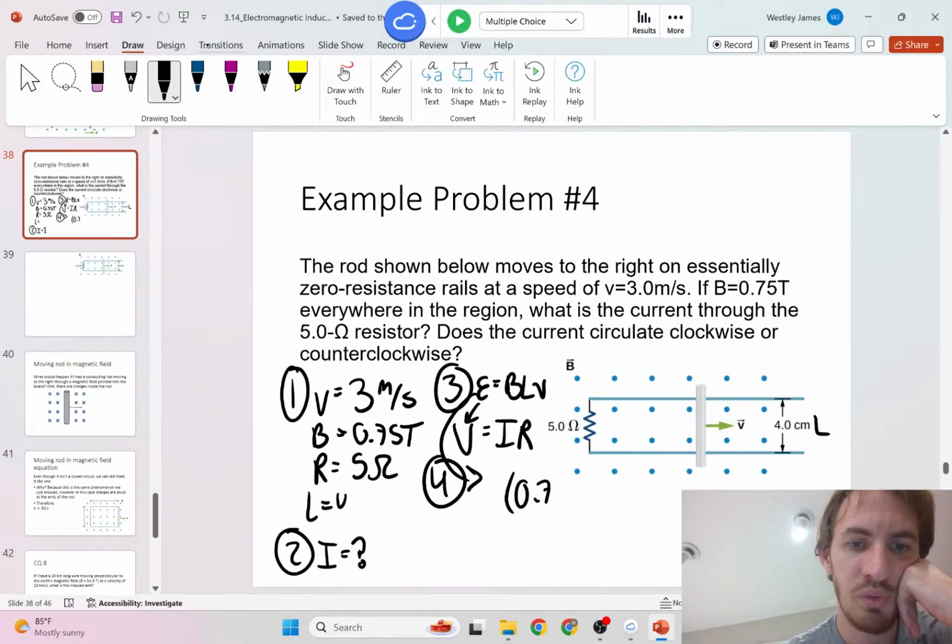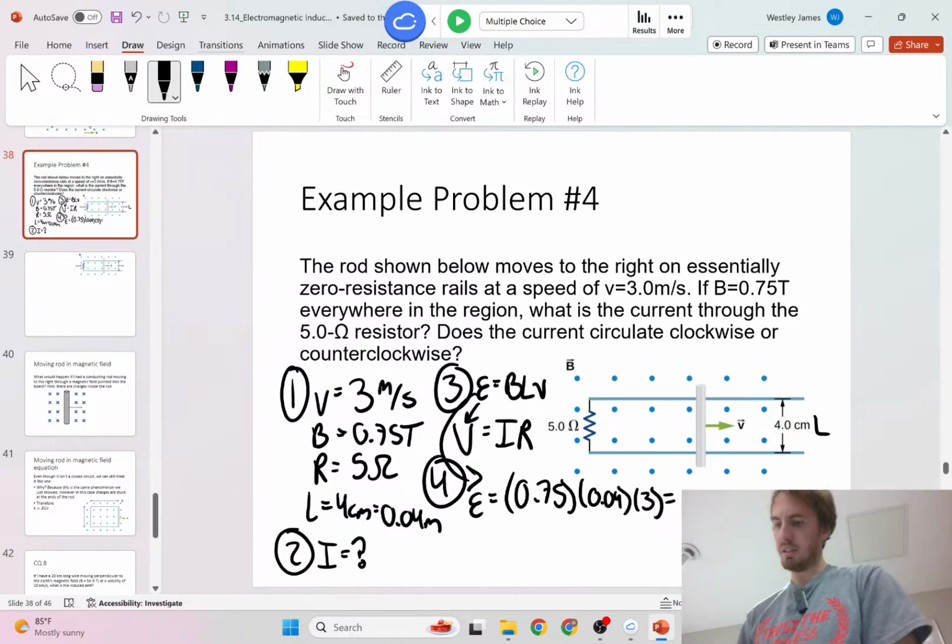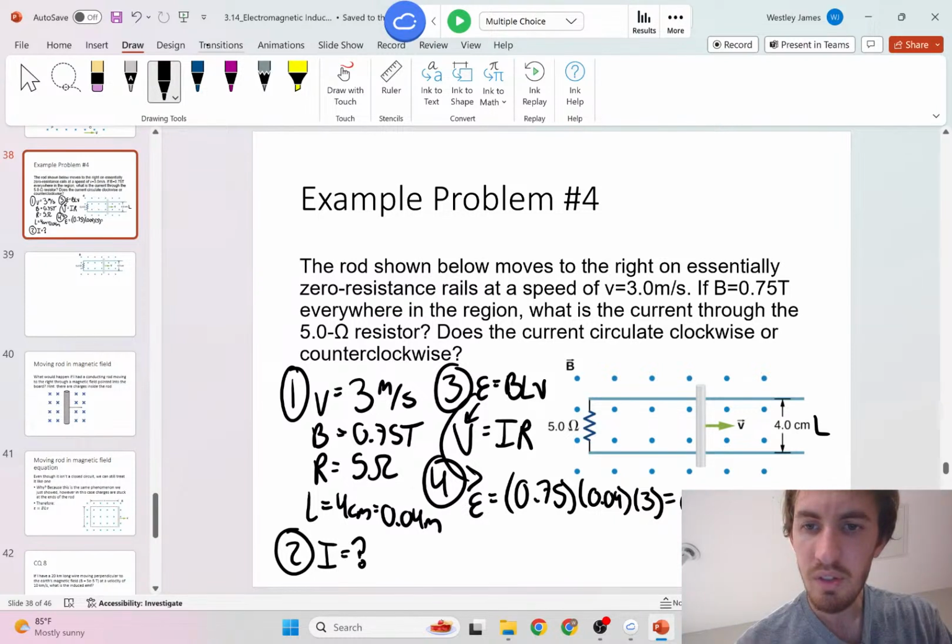L equals 4 centimeters equals 0.04 meters. So the EMF equals 0.75 times 0.04 times 3 equals a number. Remember, y'all, it's hard to make a strong voltage.